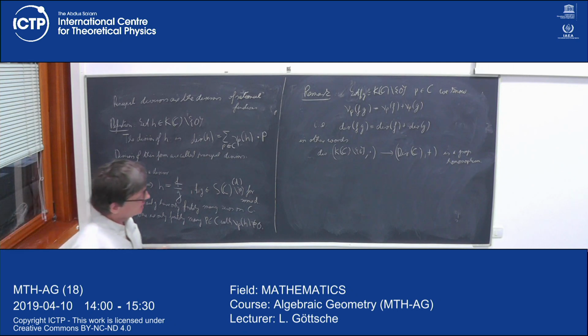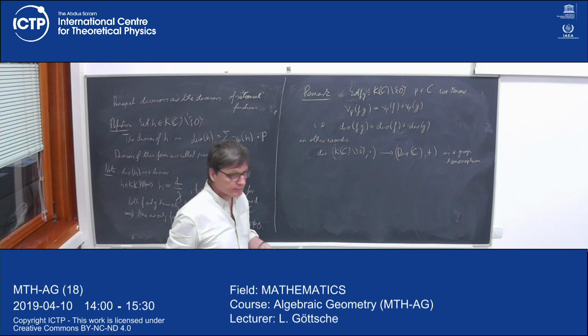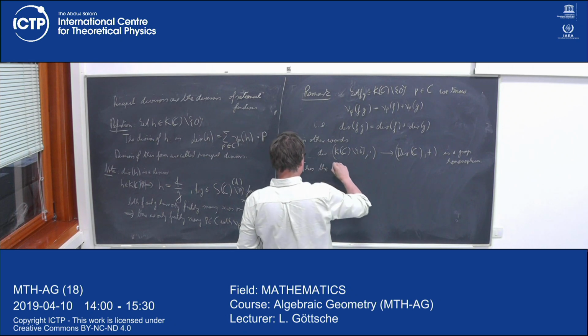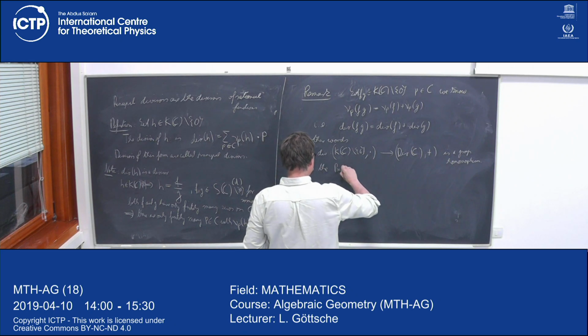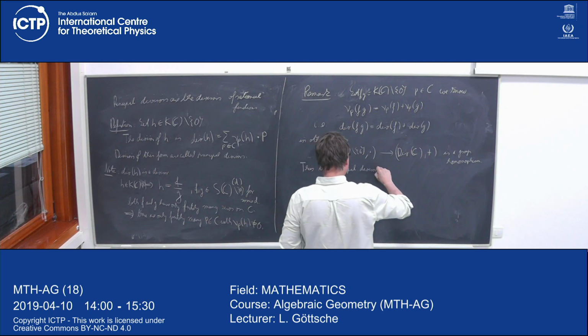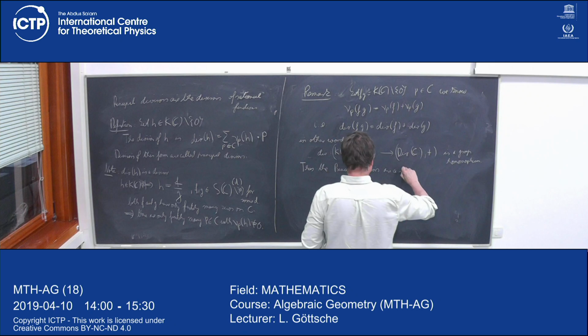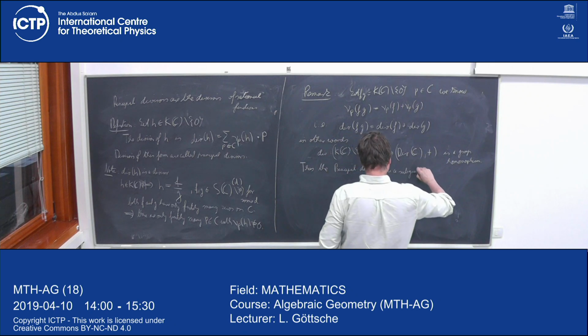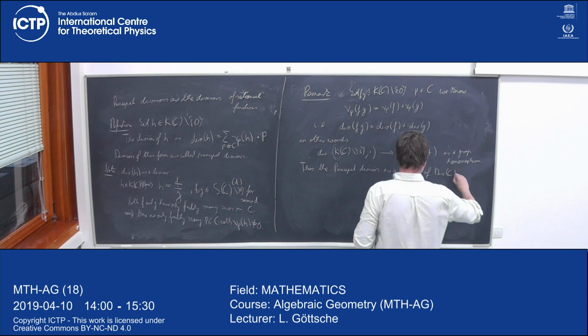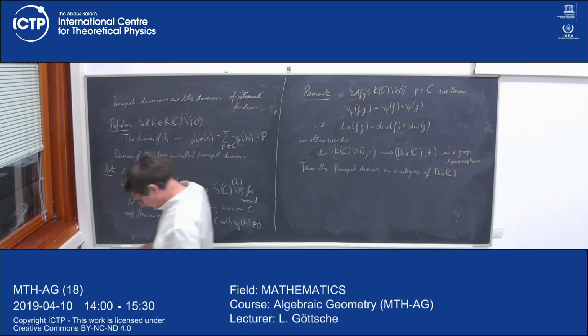And so the image is a subgroup of it, so the principal divisors are a subgroup of the divisors of C. Okay, so we find this nice subgroup.